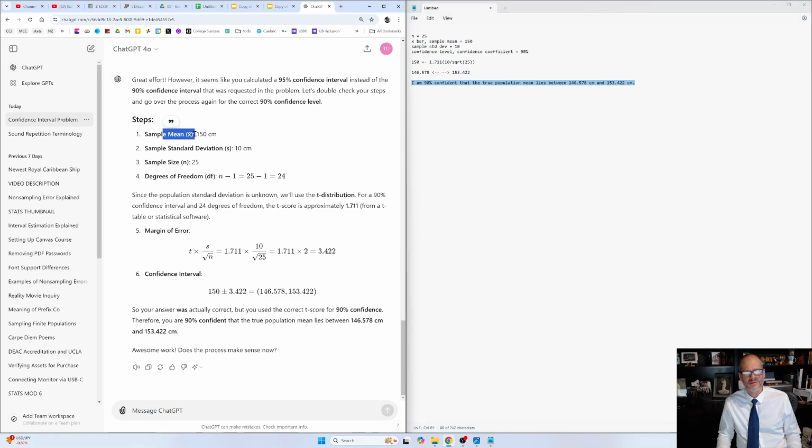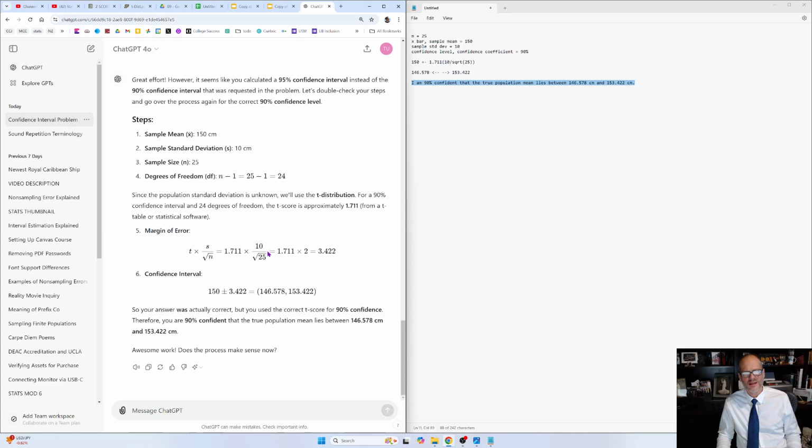Sample mean 150, sample standard deviation is 10, sample size is 25, degrees of freedom is 24. Since the population standard deviation is unknown, we'll use the t-distribution for a 90% confidence interval and 24 degrees of freedom. The t-score is approximately 1.711, that's what we got.